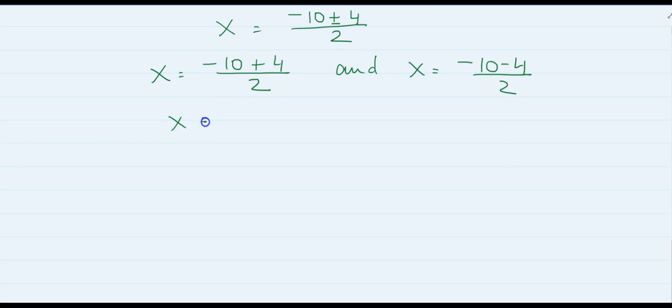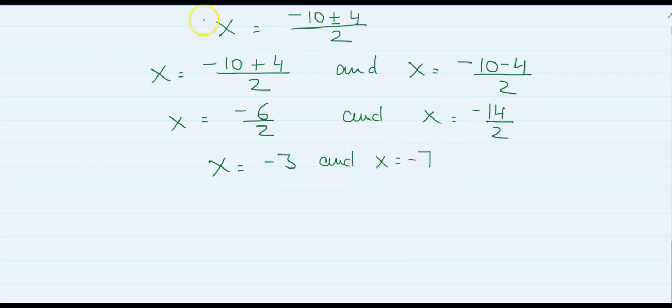So the value of x will be negative 10 plus 4 is negative 6 over 2, and x will be negative 14 over 2. So x will be negative 3 and x will be negative 7. This is the solution of the quadratic equation using formula.